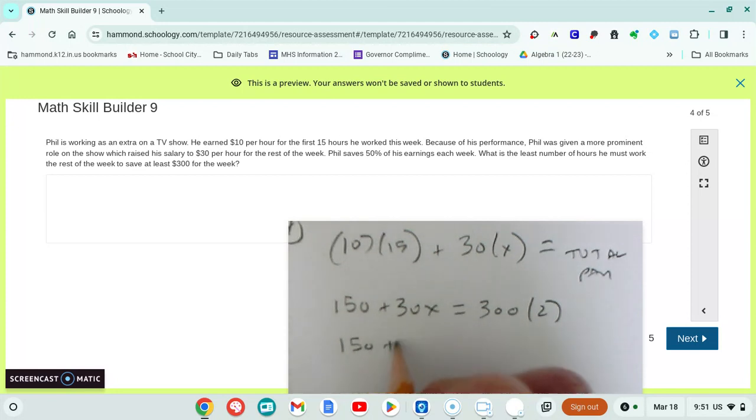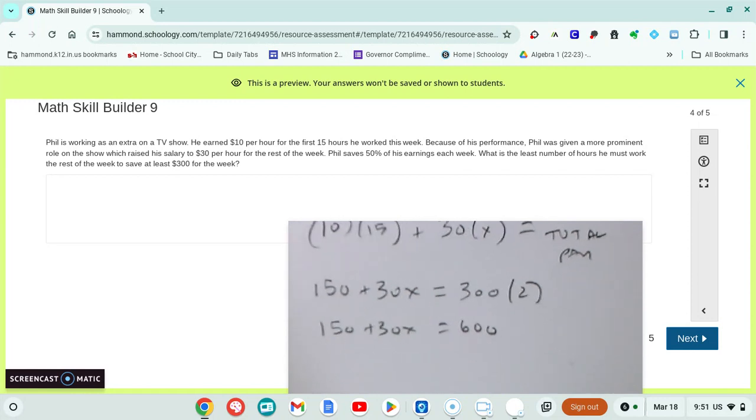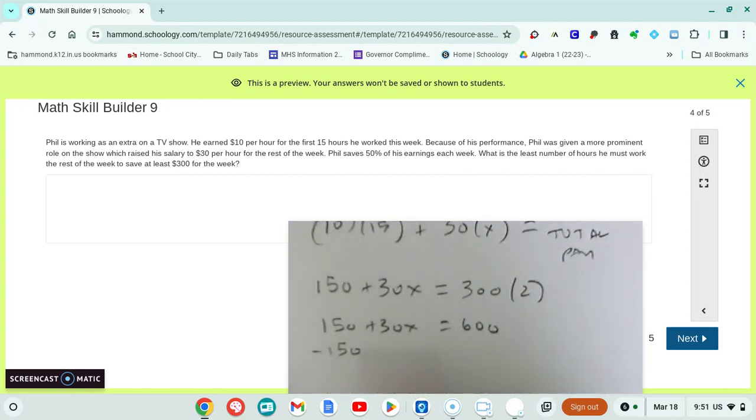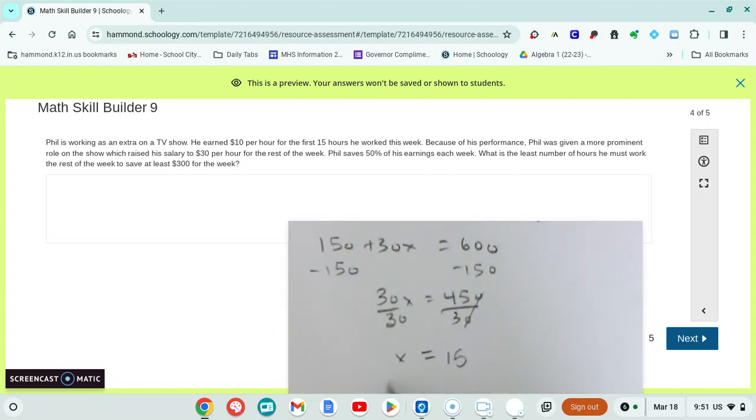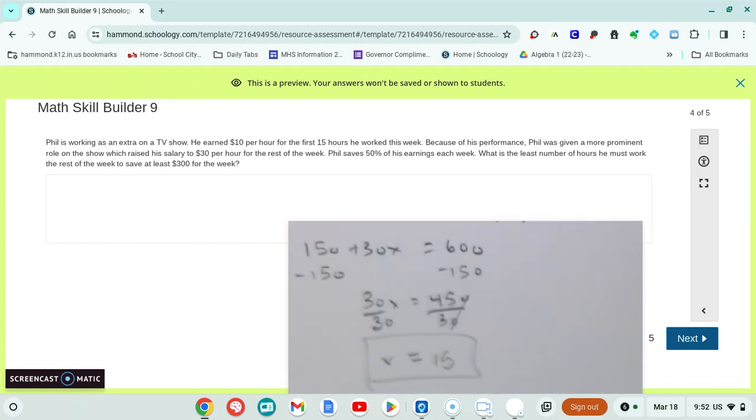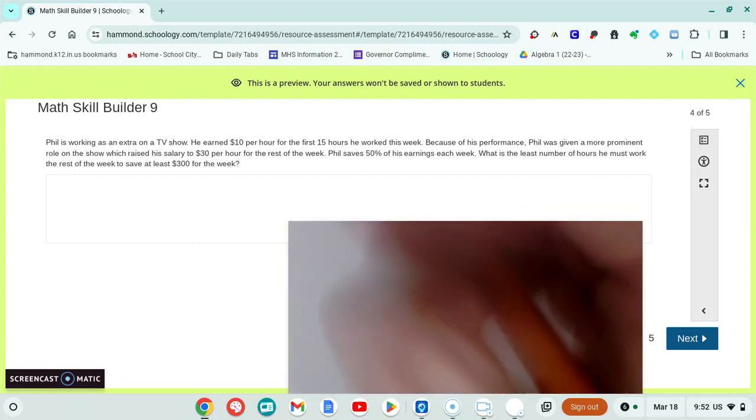So 150 plus 30x equals 600. Now solve. Right, so if we do 450 divided by 30, 45 divided by 3 is 15. So we saw that if he works at least 15 hours for the remainder of the week, he'll be able to save half of his pay and have that be equal to $300.